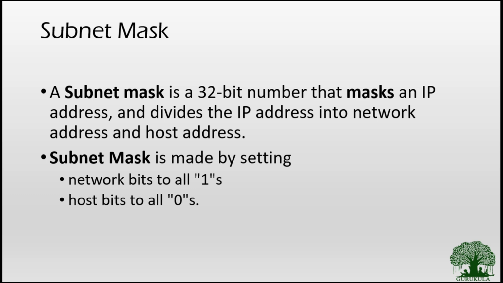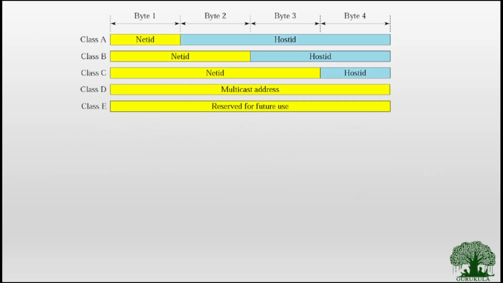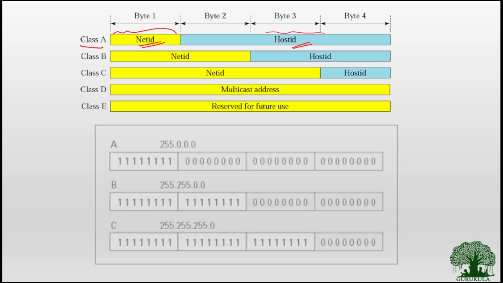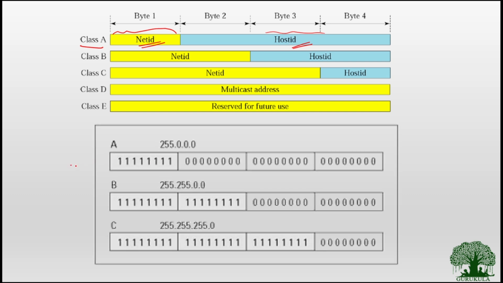With this you can see an example of a subnet mask. Here you can see class A, class B, class C kinds of IP addresses. As far as class A is concerned, we very well know that the first 8 bits represent the network ID, and the last 24 bits represent the host ID. When I write the subnet mask for a class A address, the first byte represents the net ID.